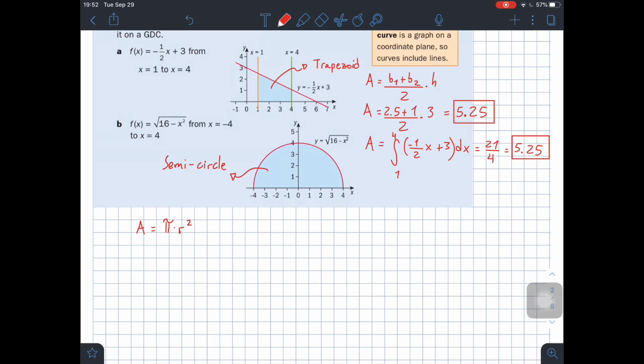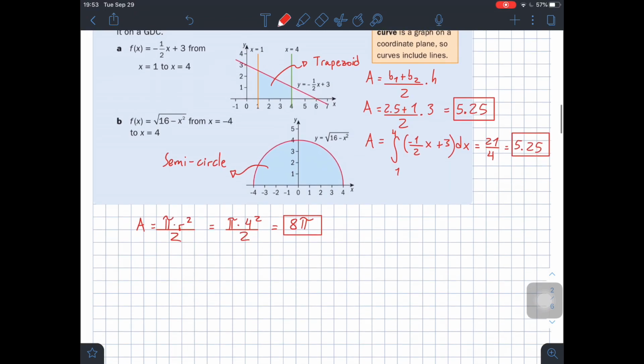But since this is a semicircle, half of the circle, we divide this by 2. What is the radius of this circle? The radius of this circle is equal to 4. So this would be pi times 4 squared divided by 2. This is 16/2, which is 8 pi. So 8 pi is the area of this figure using the geometrical formula.